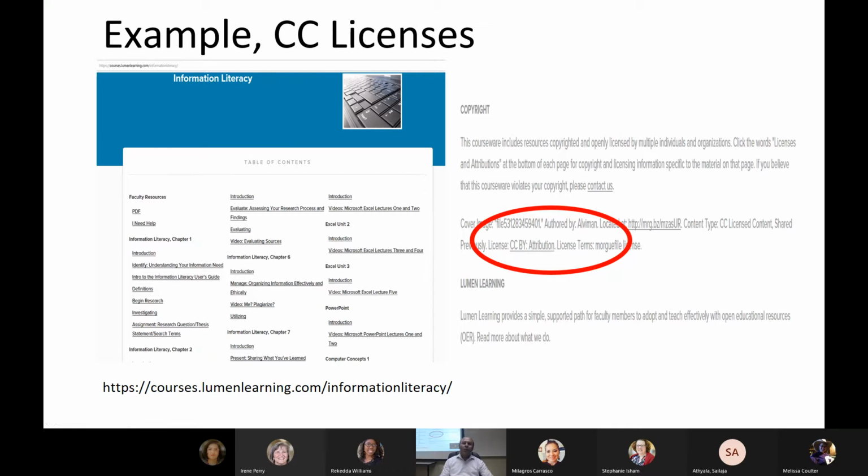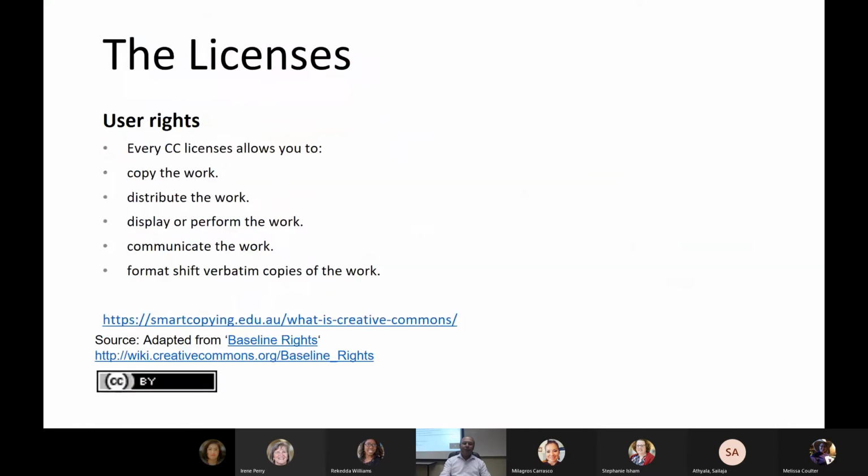So my question is, if you see the CC BY attribution, what can you do with this material? Anyone can answer? Isn't that saying you can use it and change it, you just have to attribute? You just have to say where you got it, right?